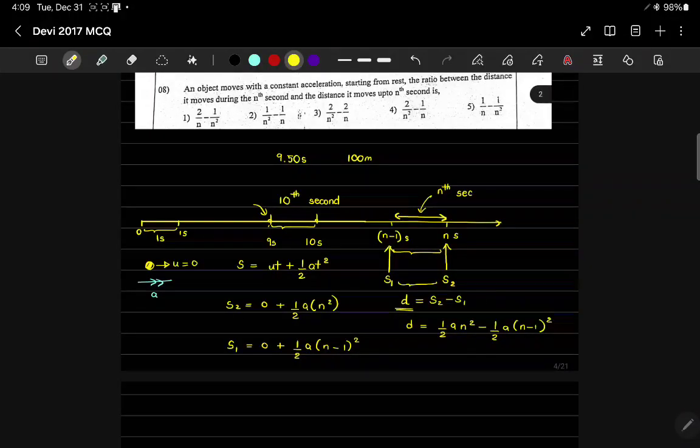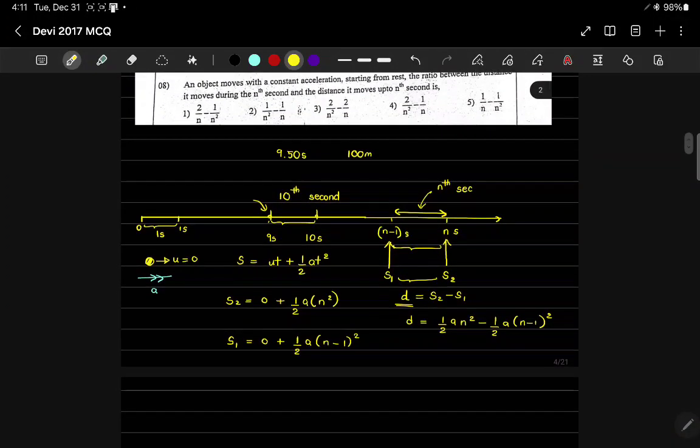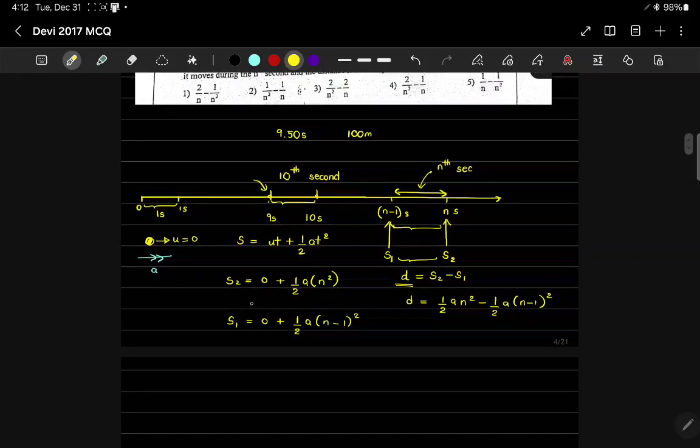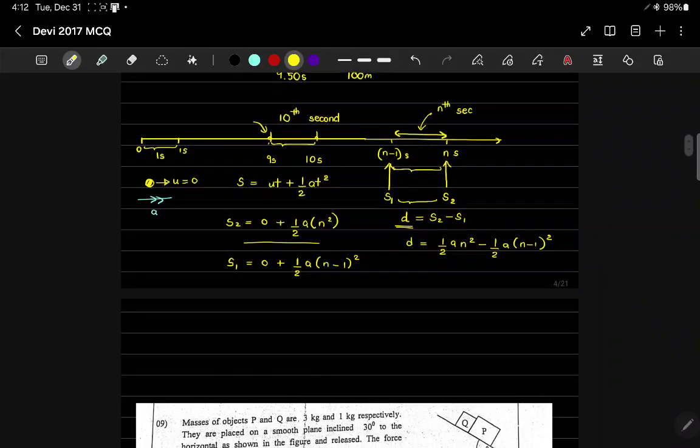That would be the distance that it moved during the nth second, right? Now we have already found the distance it moves up to the nth second, which is s2. So if we find the ratio now, which is d over s2, d is half a times n squared minus (n minus 1) squared, divided by s2, which is half a n squared.